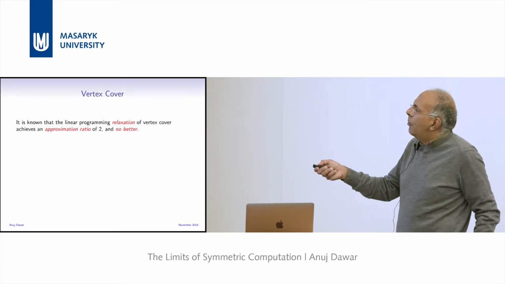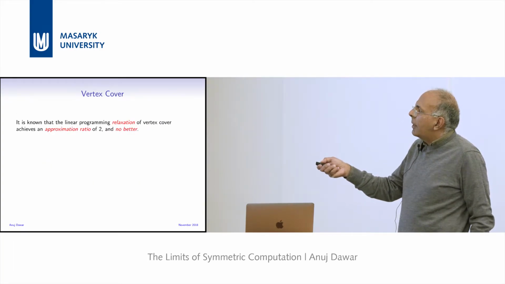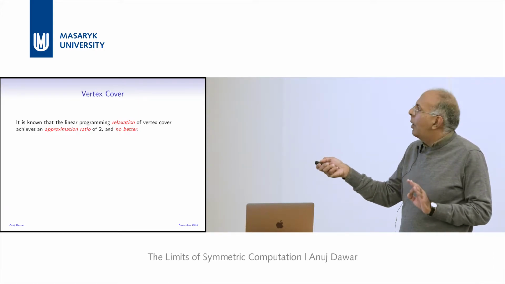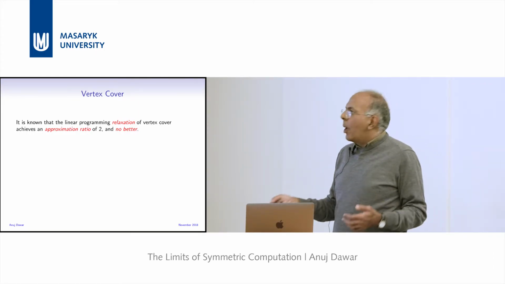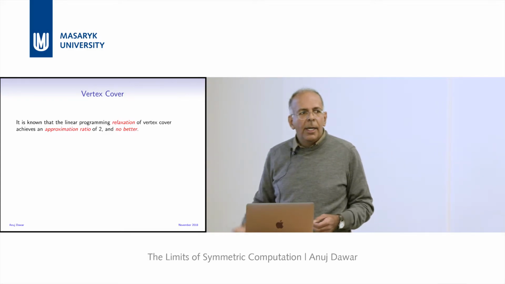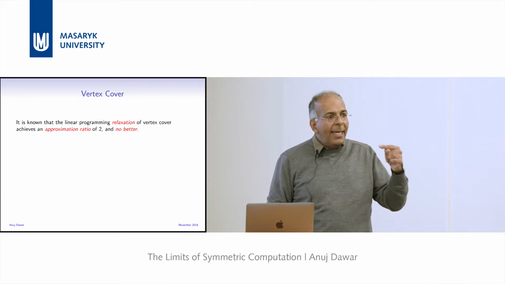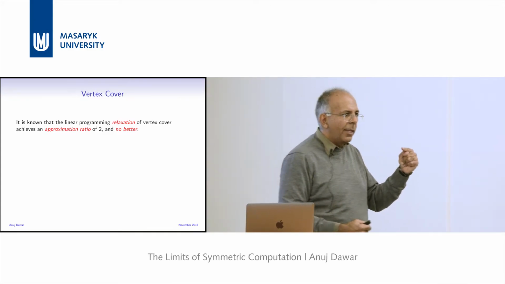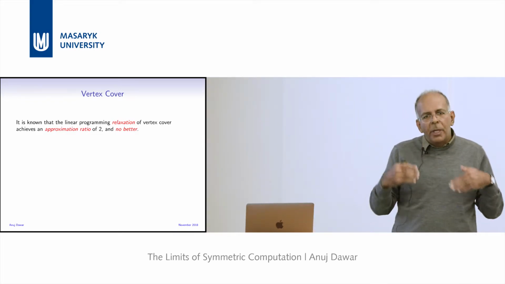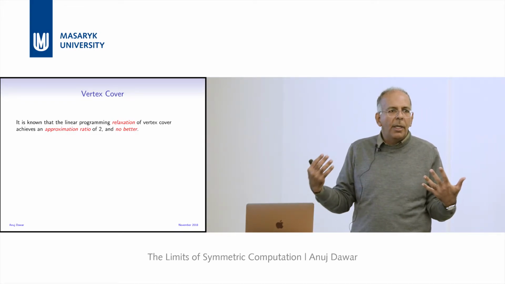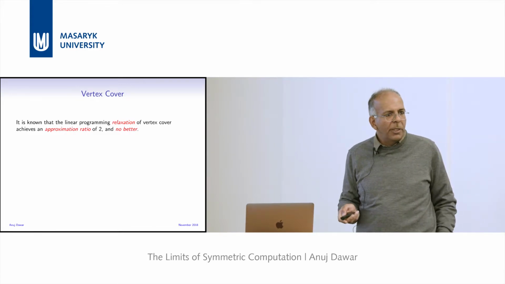In fact, it can be proved that the linear programming relaxation achieves an approximation ratio of 2 and no better. What does that mean? Whatever value you get here is at least half the size of the smallest vertex cover. But there are graphs in which it is no more than half. So we know it does no better than approximation factor 2.